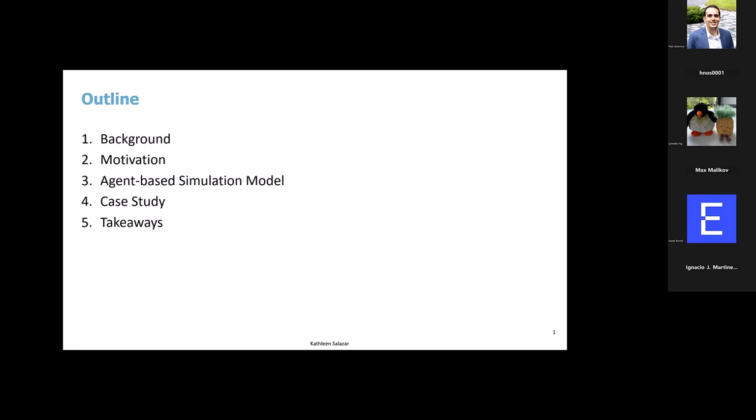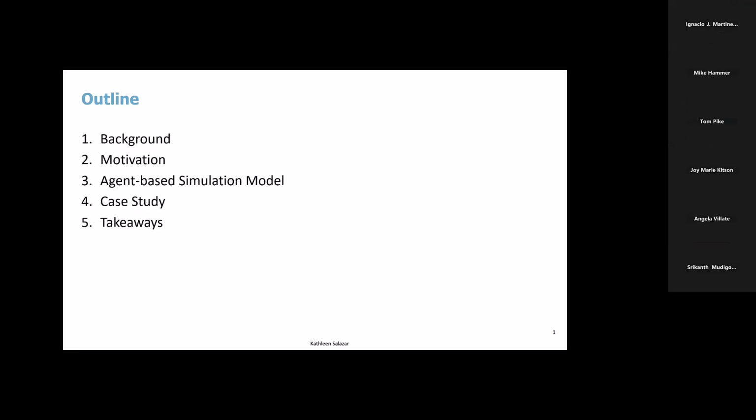After that, I will describe the process of this agent-based simulation model development, and then present some results of the application of the model for Cali City, a Colombian city, and finally some takeaways.